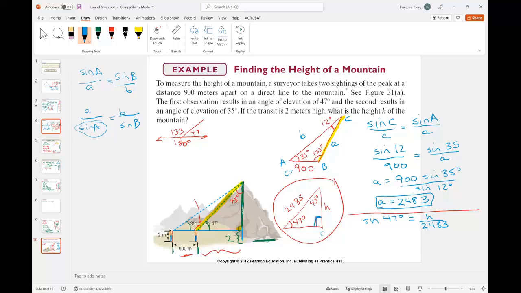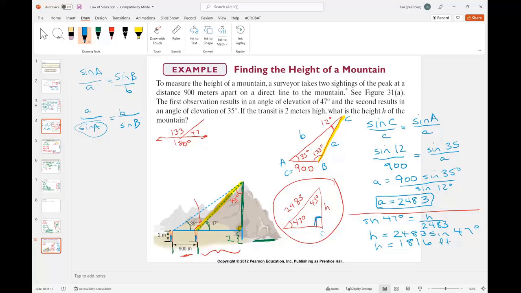So now this is pretty easy. I know that H is going to equal 2,483 times the sine of 47 degrees. And again, that is just a calculator problem. So 47 degrees sine times 2,483 equals, so I get the height is equal to 1,816 feet.